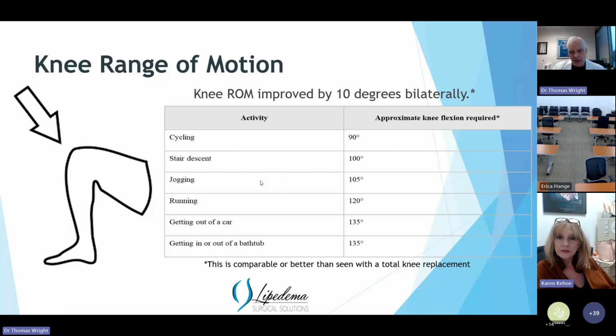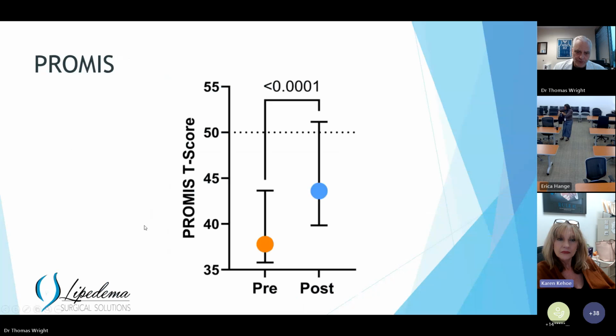Some women were even significantly reduced below that. The average was around 120, but there were some around 105 degrees, and the lipedema tissue would limit their ability to even run or jog or go up and down stairs. So the improvements we see can make huge changes in their ability to do daily activities.